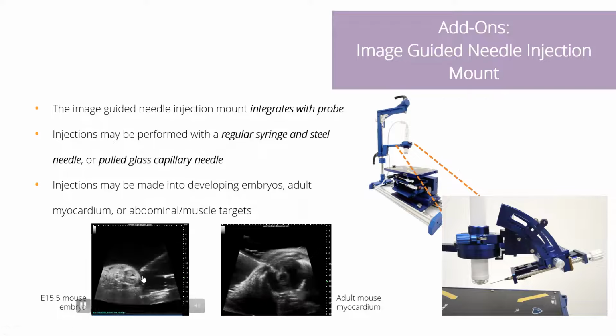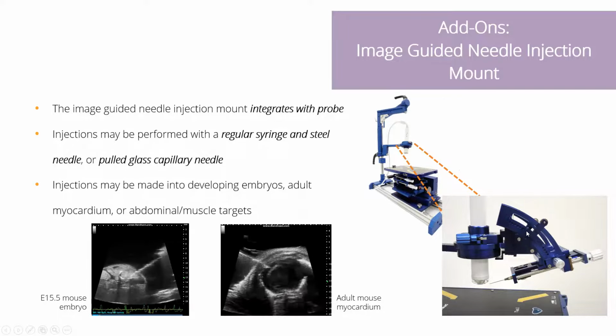We'll take a look at this a little bit more in future slides. But basically, the image-guided injection mount is going to mount directly onto the probe. This makes it much simpler to align the needle with the imaging plane to allow you to do these injections and position the animal in the anatomy of interest as you need to when you're doing these injections.